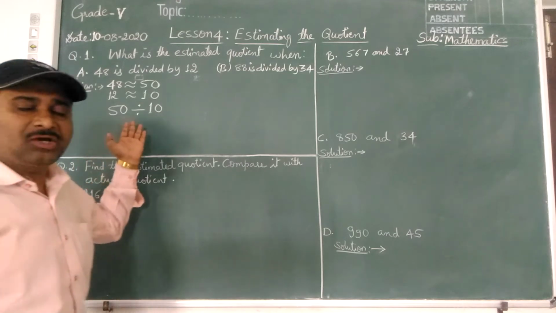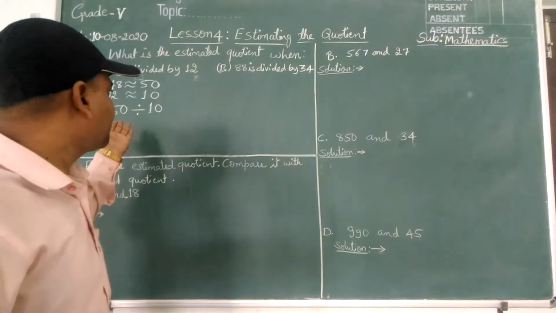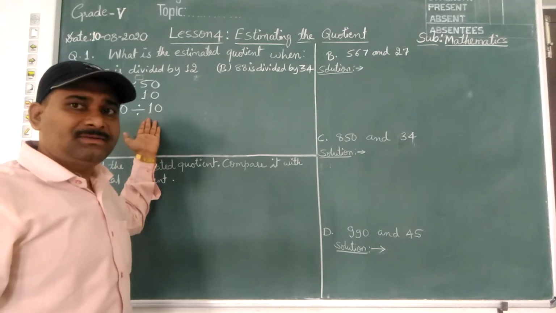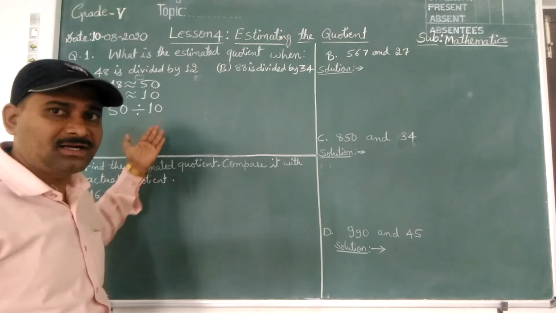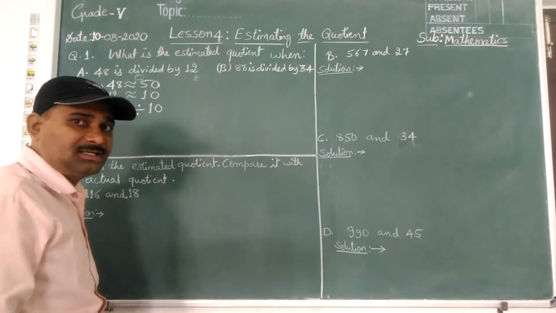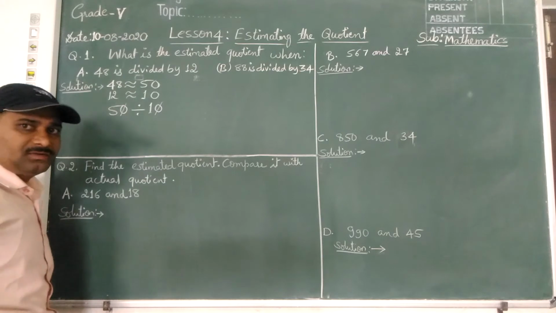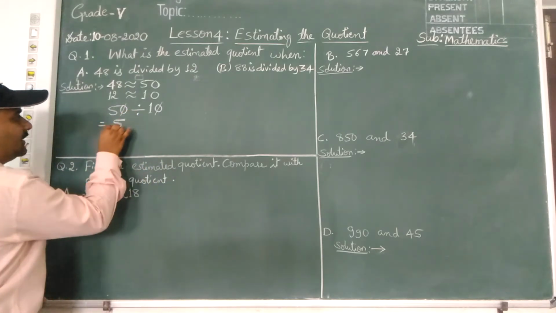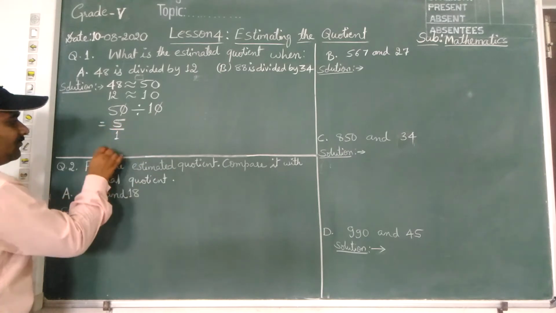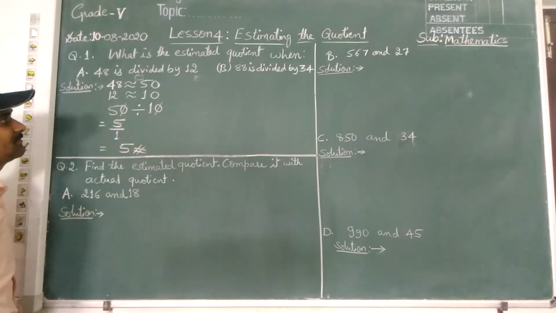So, let us recall your first lesson, children. Getting the quotient, dividing the numbers which are multiples of 10, that is 10, 100 and 1000. What did we do in that lesson? Cancelled 0 and 0. So what is left? 5 divided by 1. 5 divided by 1 means 5 itself.